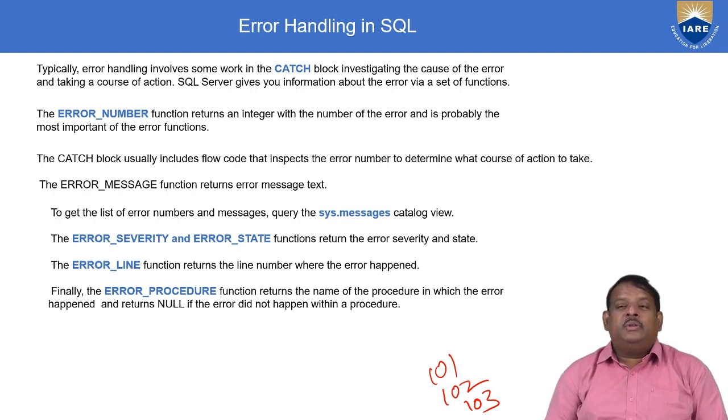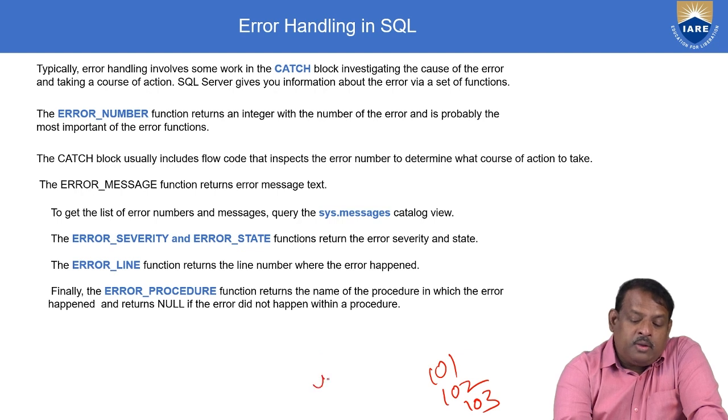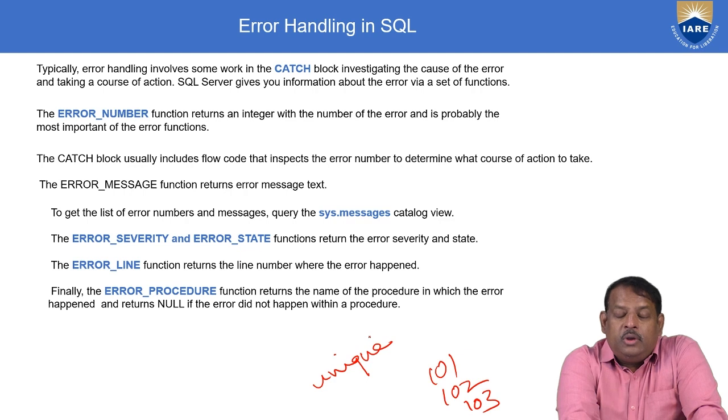Suppose you make your column a unique key, a unique constraint. That means you will not be able to insert duplicate values.